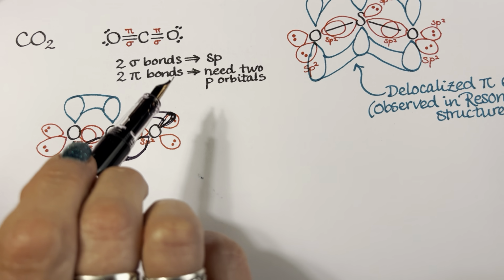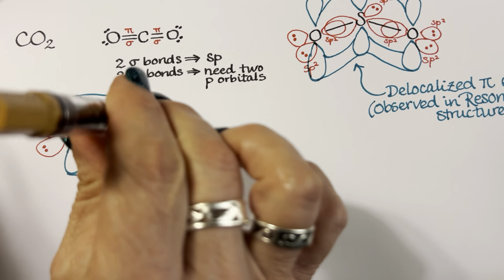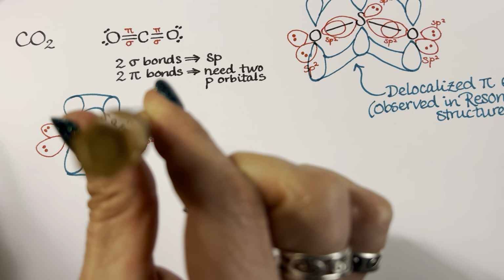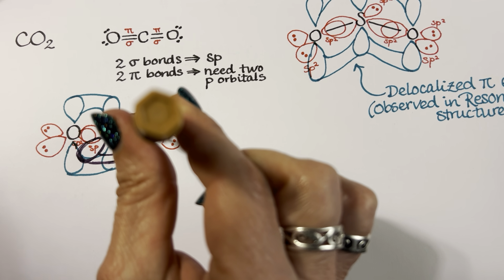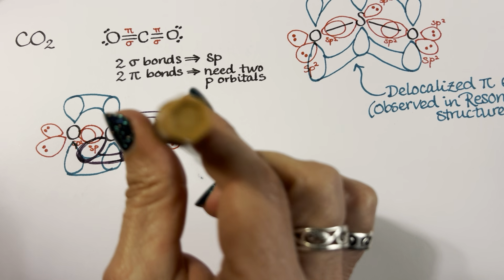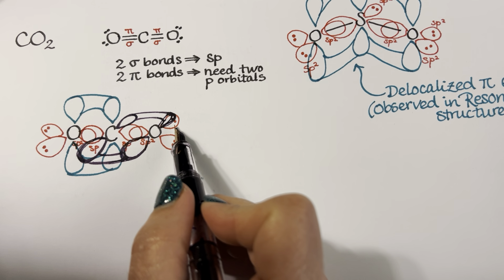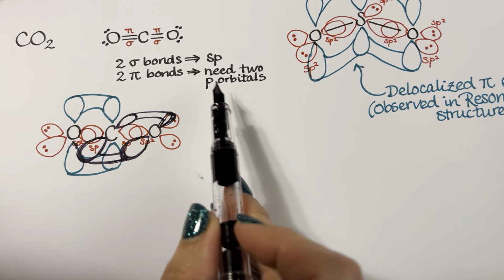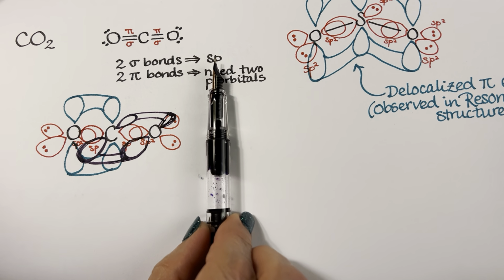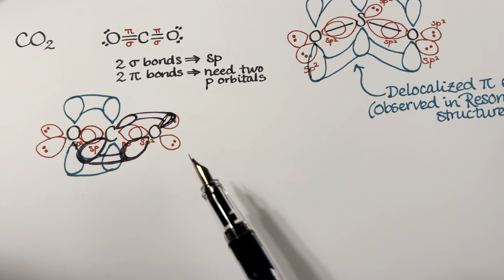Okay. So these p orbitals are coming up towards us, going back behind the paper. All right. And so that means that these sp2 hybrid orbitals with the lone pairs are actually in the plane of the paper. So they're still there.